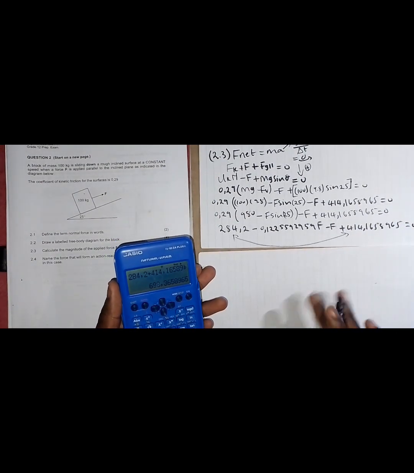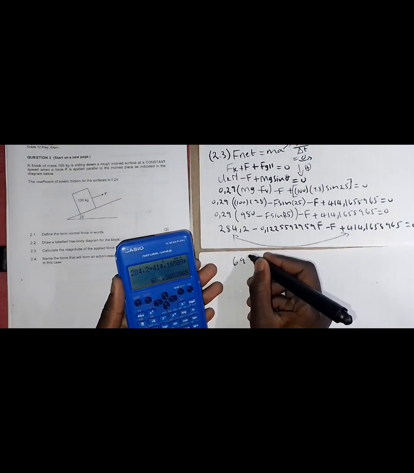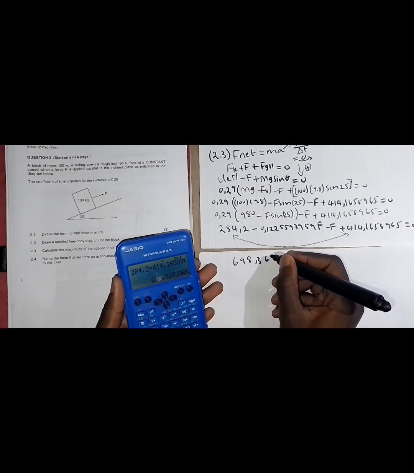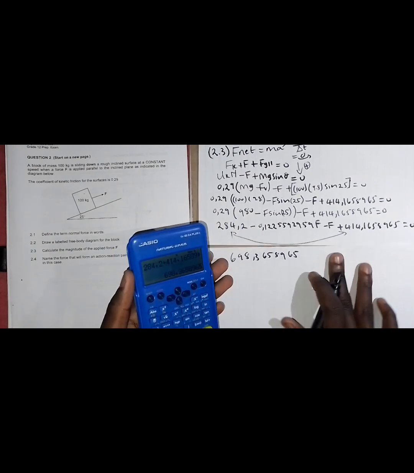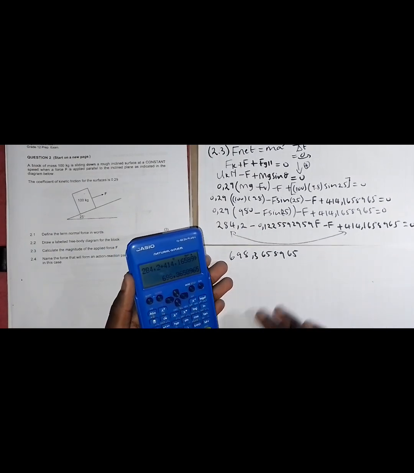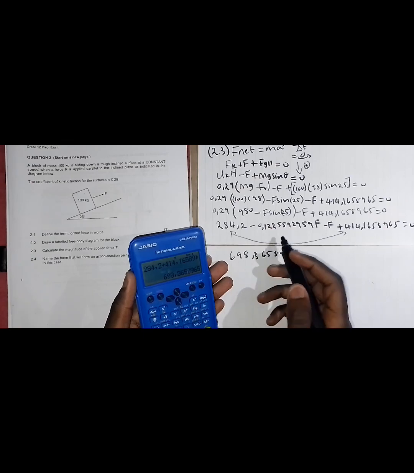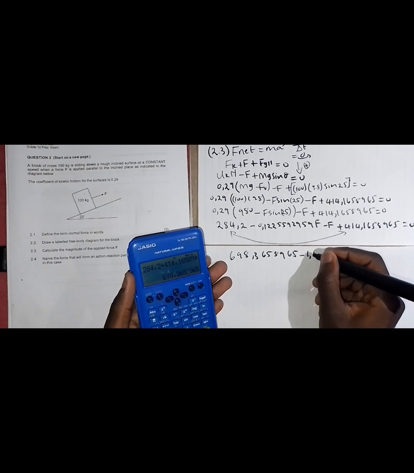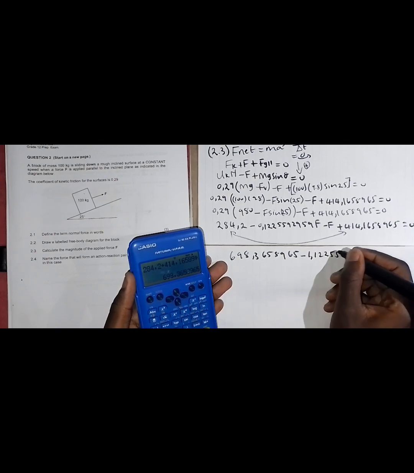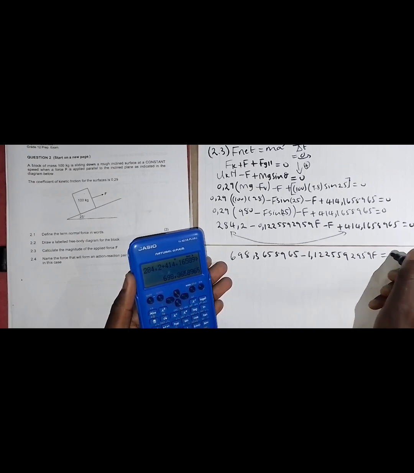We're now going to have 698.3658965. After having this, we're going to say minus 0.122 and this thing, minus 1, it is going to be 1.1225592959 F equal to 0.